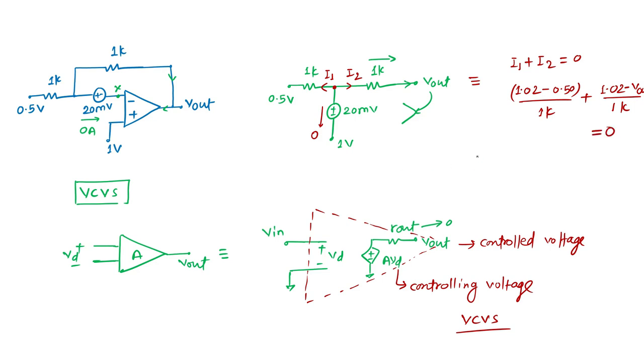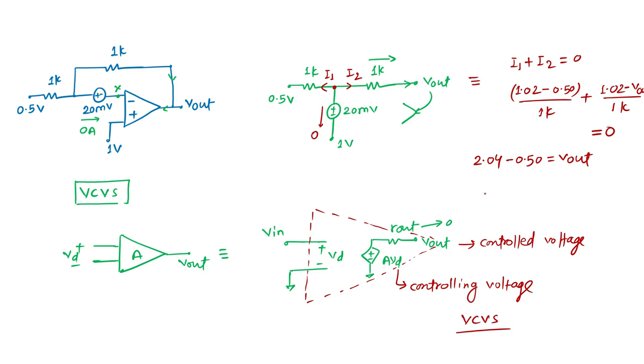From here we can see 2.04, which is 1.02 plus 1.02, minus 0.50, equals V out. This is a simple expression that we are getting here. Is it right or is something missing?